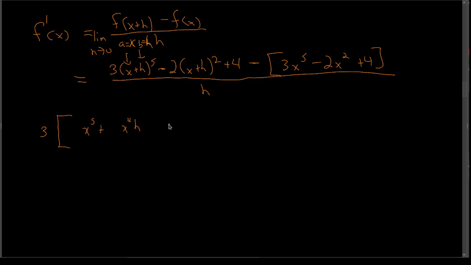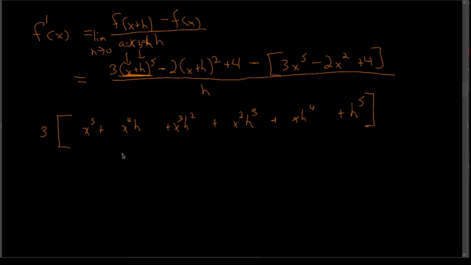Then it's going to go to x to the 3rd times h squared, x squared times h cubed, because they have to add up to 5, x times h to the 4th, and end with h to the 5th. So that's for this first expansion here.